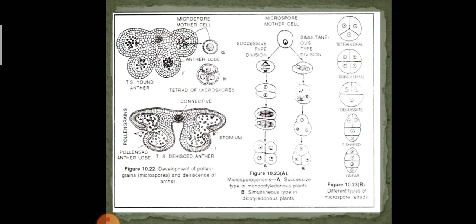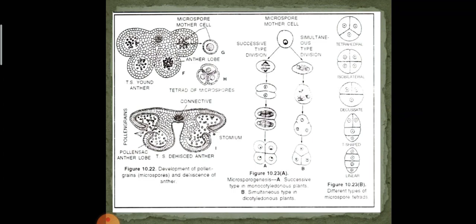When that number of pollen grains increases, it ruptures the stomium wall, dehiscence takes place, and the individual pollen grains are released. So pollen grains are formed by the microsporogenesis process.